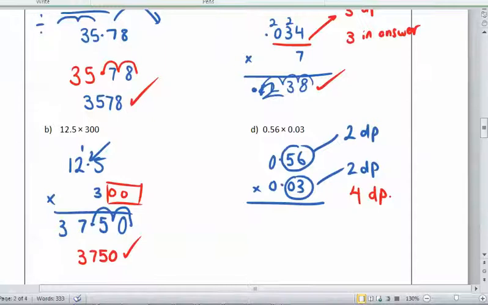You could do that as well. 300 times 12 is 3600, and 300 times 0.5 is equal to 150. That plus that is 3750, yeah? That's the right answer.